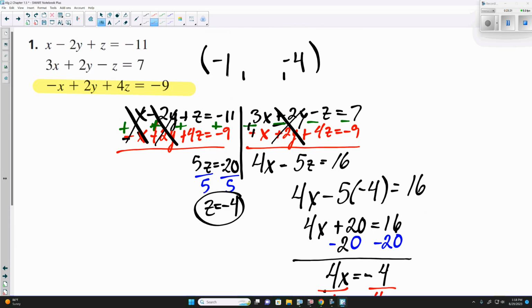Now we just need to find the value of y, because it's the last part of the problem. So at this point, we just need to pick one of them.